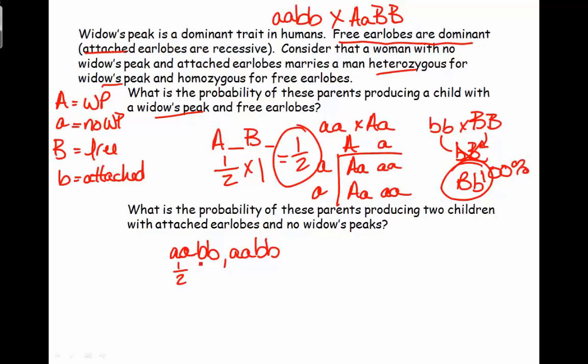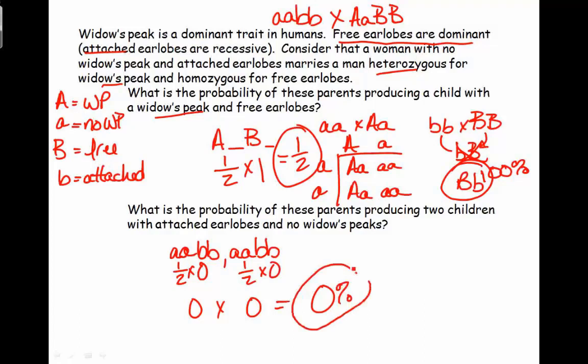Okay, so this is 0 here for our probability. To figure out the probability of that particular way, we would multiply those together and we would get 0. If you look at the other one, it's going to be, again, 1/2 times 0 to give us an overall probability of 0. And when we multiply anything by 0, we get a 0. So you have a 0% probability that those 2 parents are going to have attached earlobes and no widow's peaks.